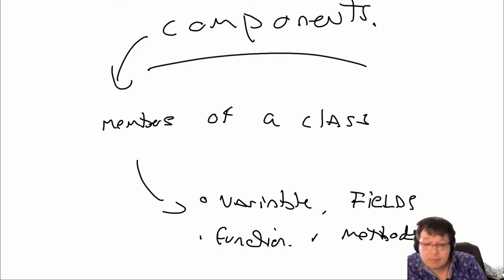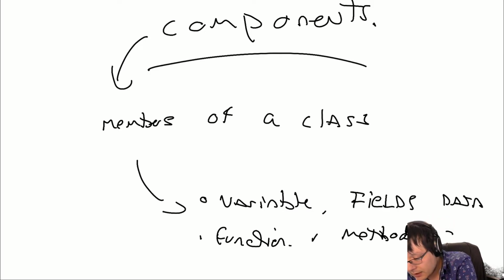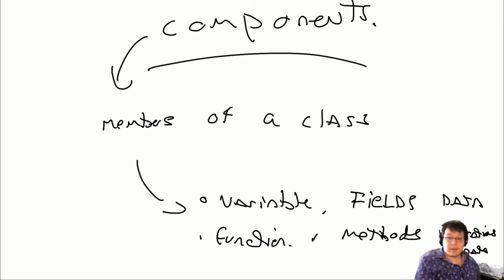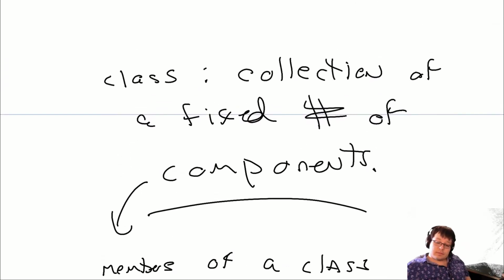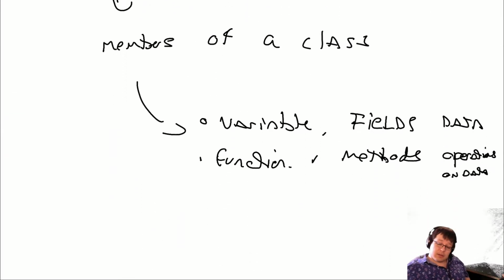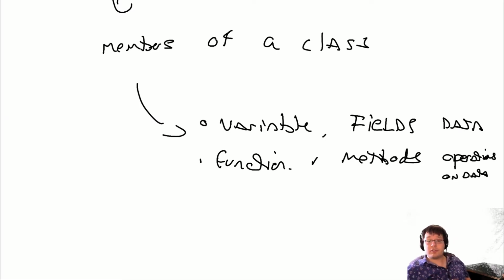They mean the same thing: variable and field, function and method. You can also just call it the data and the operations on the data. Okay? So, big definition: a class is a collection of fixed components. What's a component? It's a member of a class. Well, what's a member? A member is either a variable or a function.